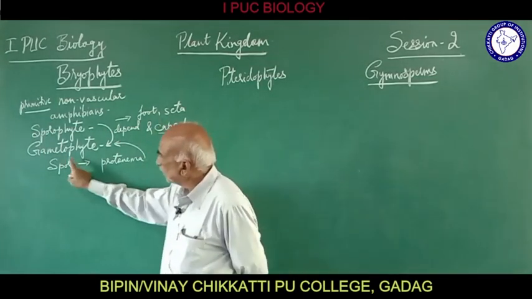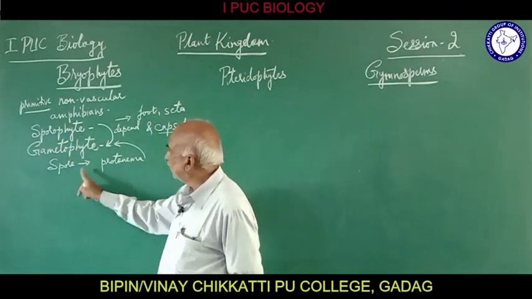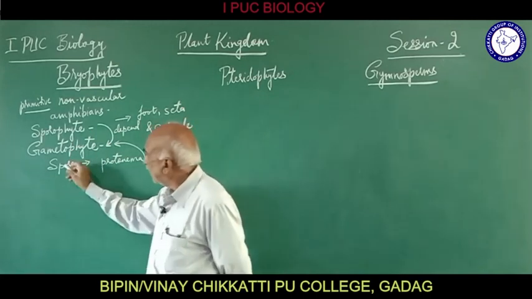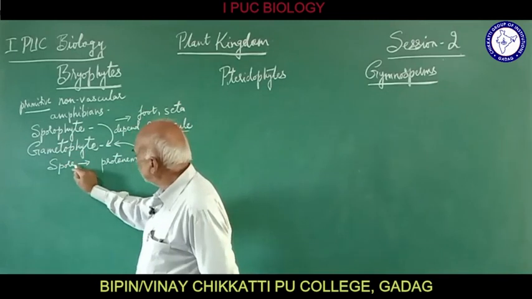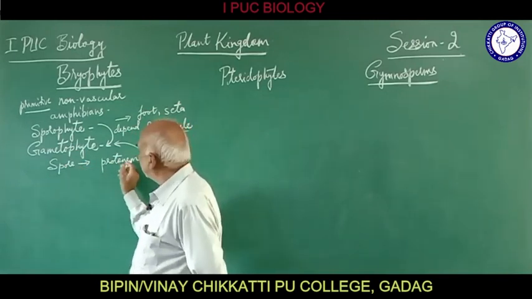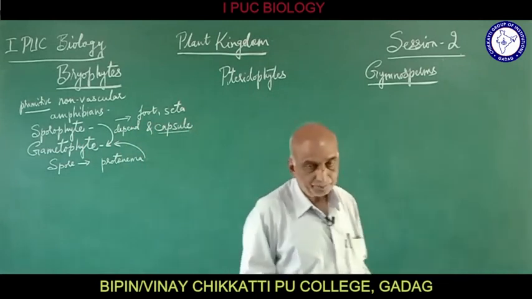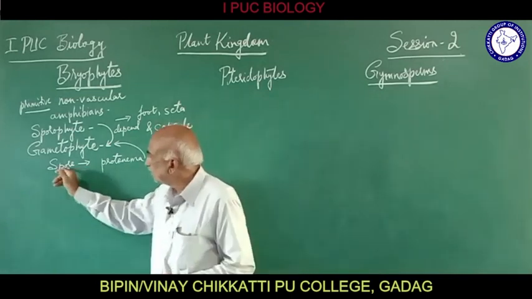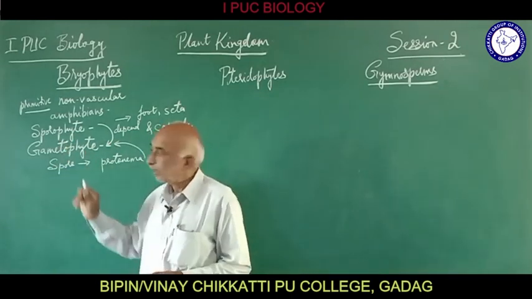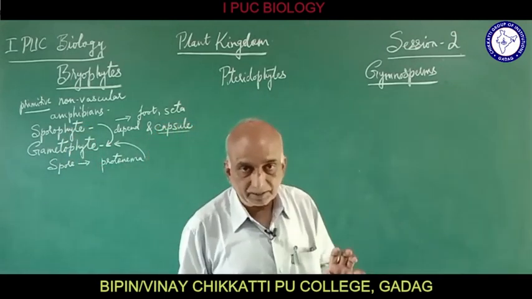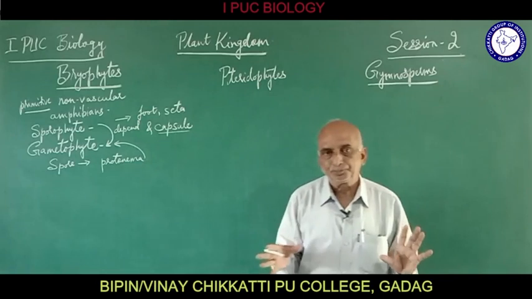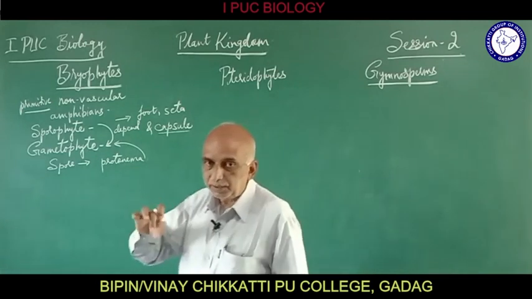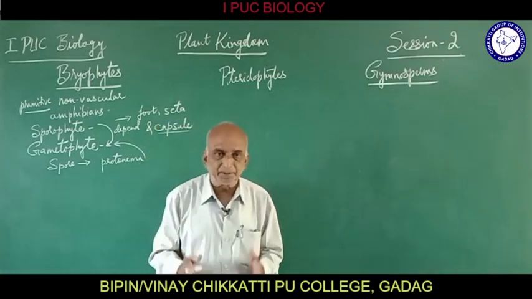So in bryophytes, the sporophyte gives rise to spores. The spores develop either directly into a gametophyte, or they produce an intermediate stage and then give rise to the gametophyte. So protonema is an intermediate stage between the sporophyte and the gametophyte. The spores which are produced by the sporophyte are released, and when they fall on a suitable medium they germinate directly into gametophyte in some bryophytes.